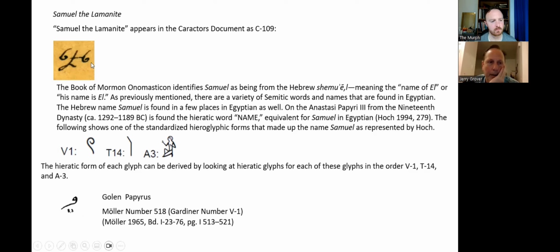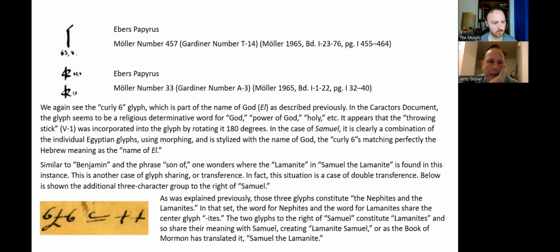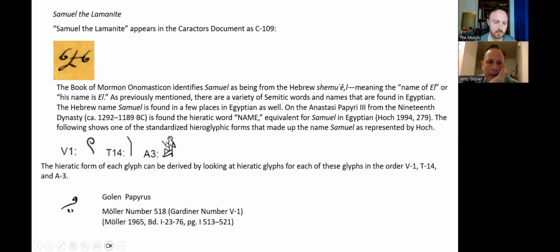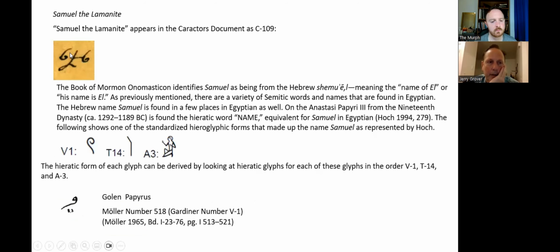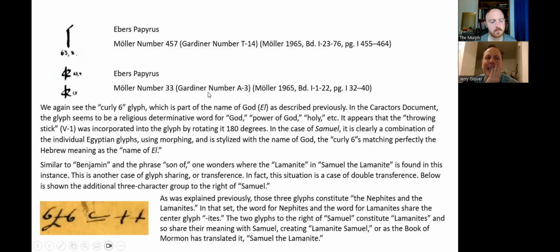You have the hockey stick kind of thing. You can see that. So this is again his whole name, kind of a combination glyph if you want to call it that. And then this A3 in the hieratic is this. So that's kind of where you get the tree form, if you want to call it that.